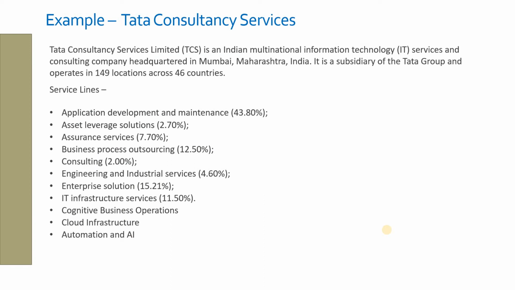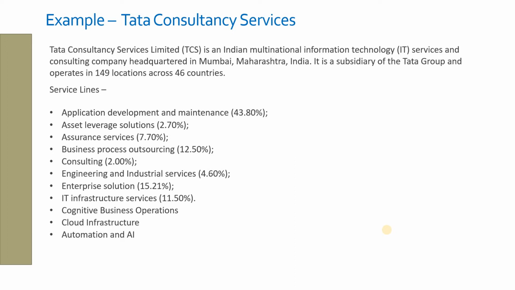This is an example of one of the MNCs, Tata Consultancy Services, an Indian multinational information technology IT services and consulting company. This is all about TCS. So I'm reading this text.